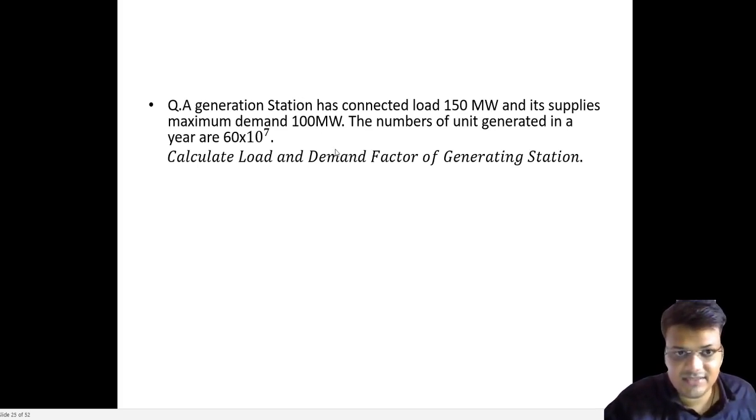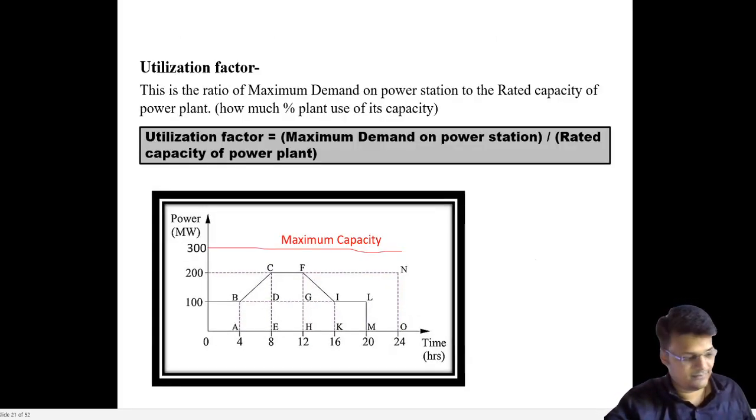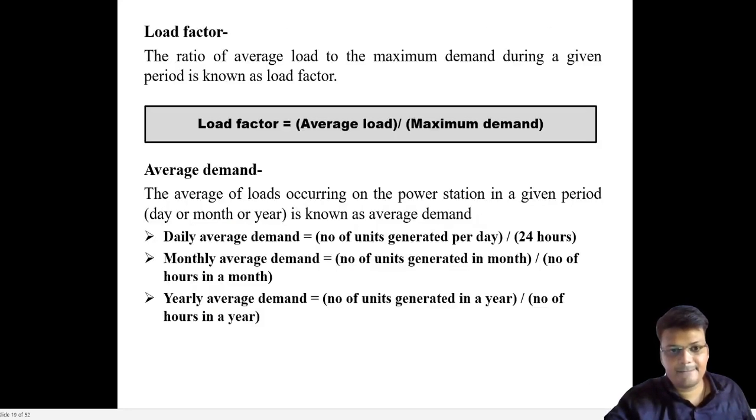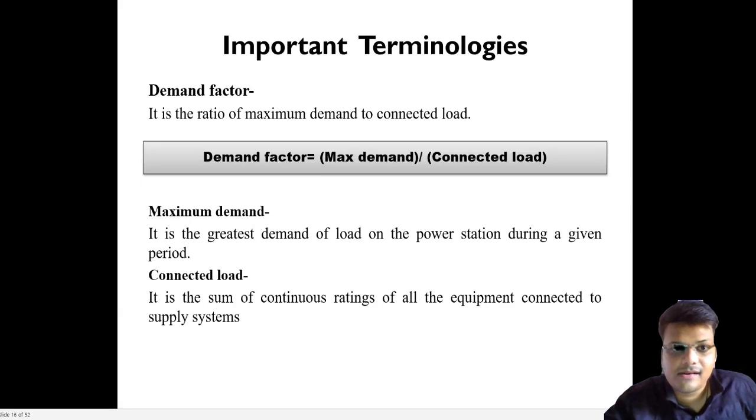If we calculate in watts, it will be multiplied by 10 to the power 6, like that. The number of units generated and the number of hours in a year.